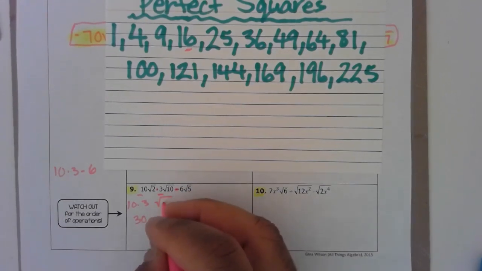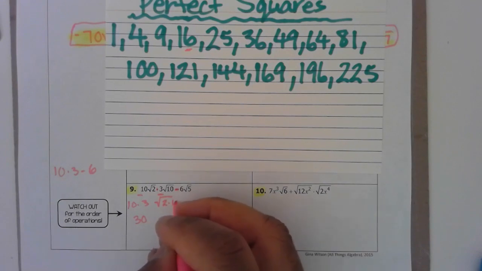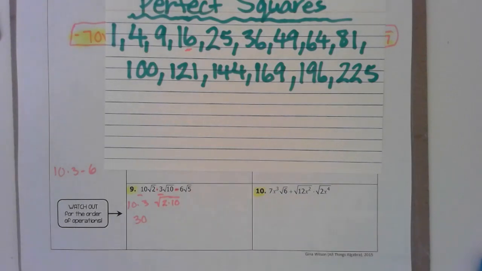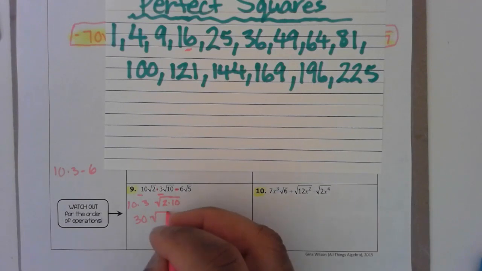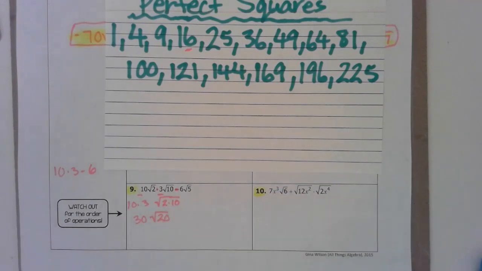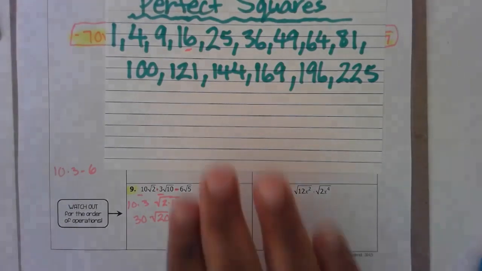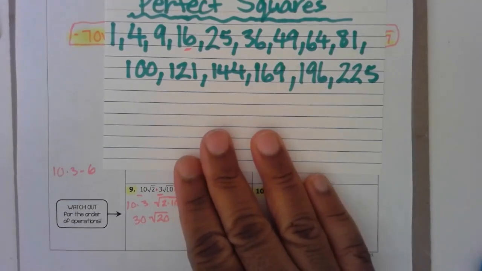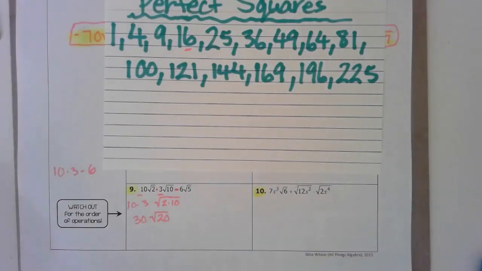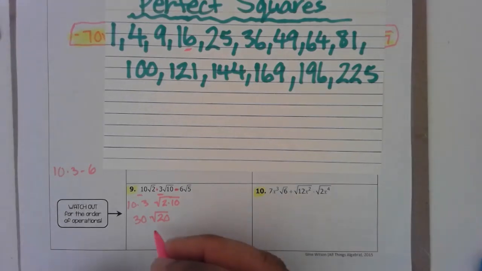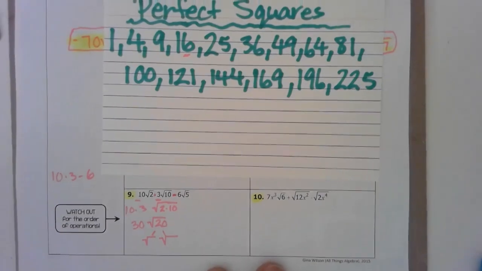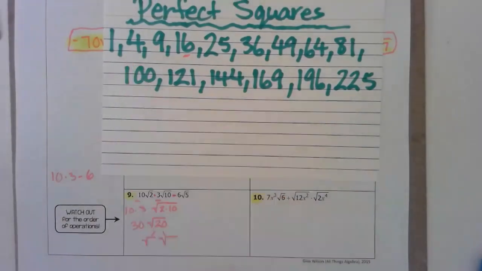So I would have 2 times 10, all right? And so I would end up with the square root of 20 here. All right, so remember, I'm just focusing on these two terms right now, okay? So I'm gonna go ahead and simplify this. I'm gonna try to find out the biggest perfect square that will go into 20. And the biggest perfect square, I believe, will be number 4.